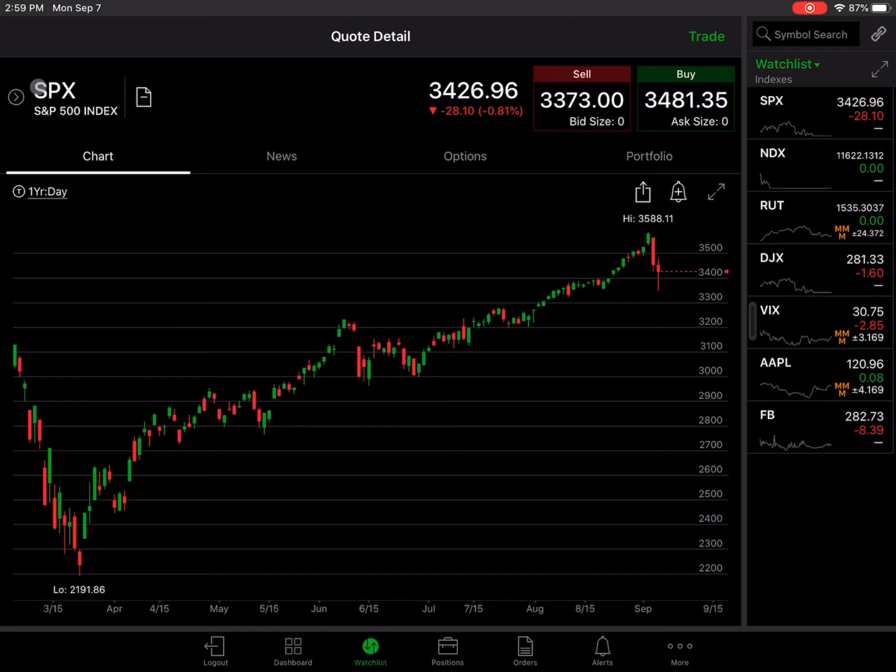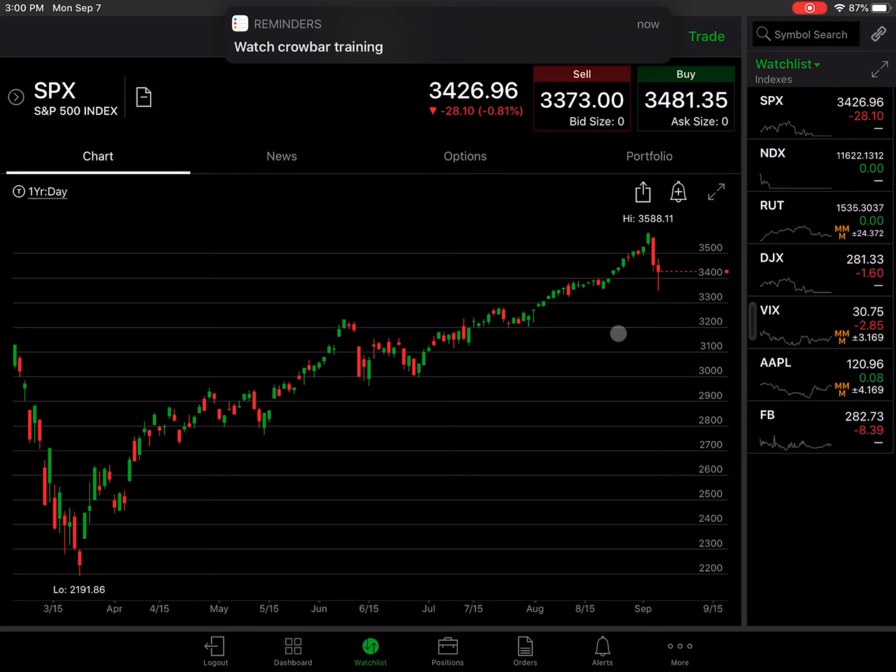So the S&P 500 in Thinkorswim is SPX as the ticker symbol. Nasdaq is NDX. The Russell 2000, which is an industrial index for the most part, is RUT. So Nasdaq is tech stocks, industrial stocks, and then this is kind of a mixed bag of industry leaders.